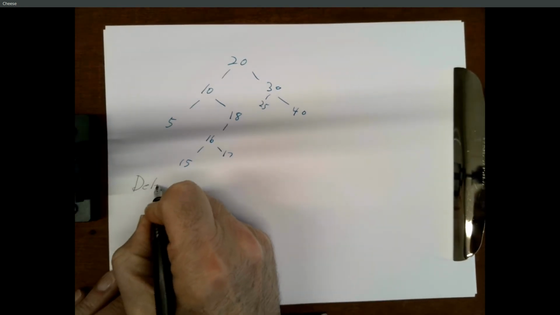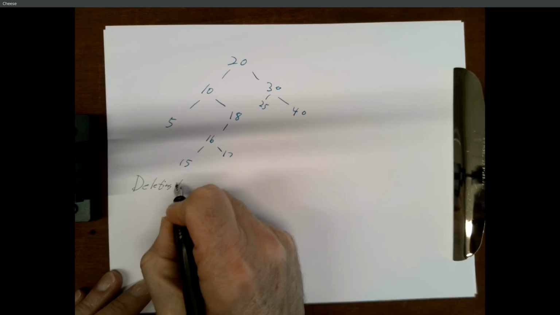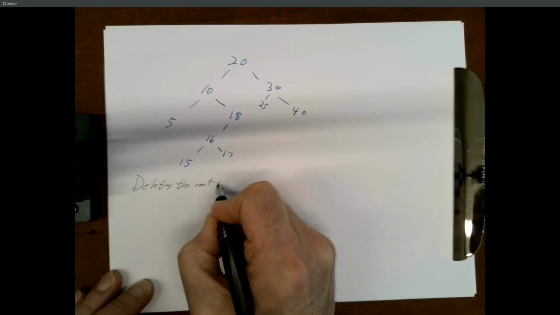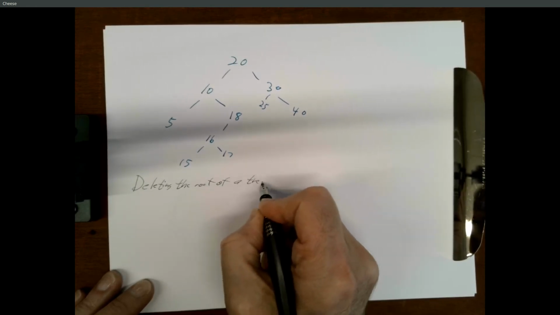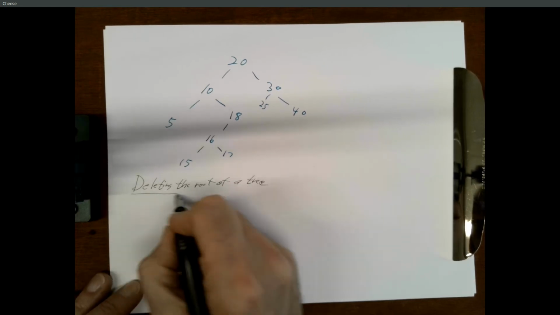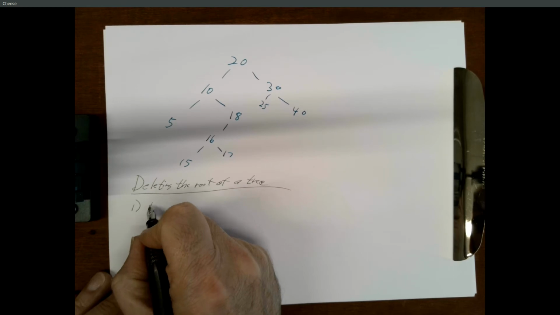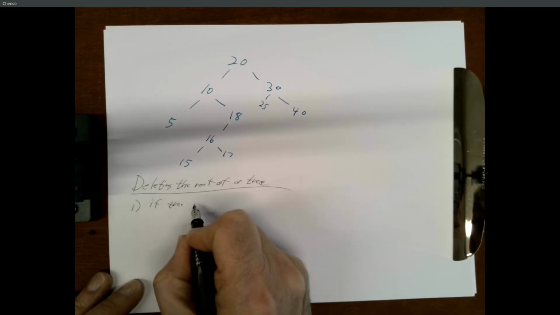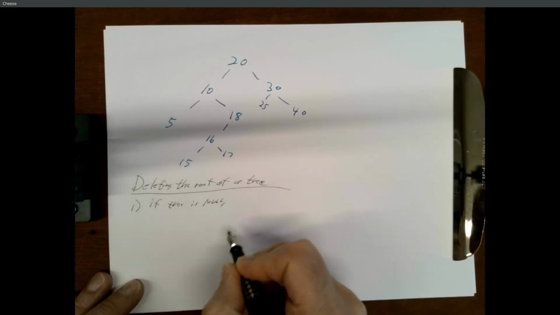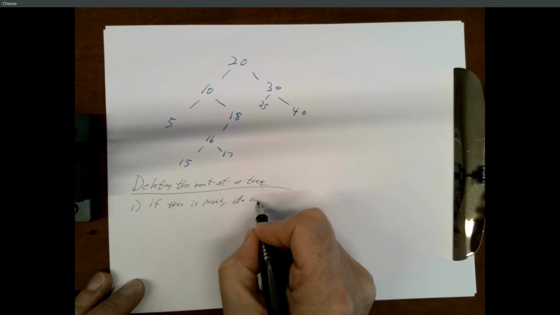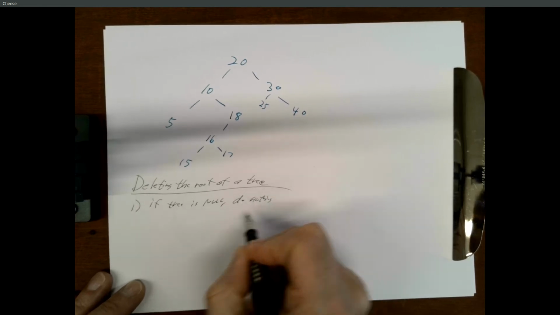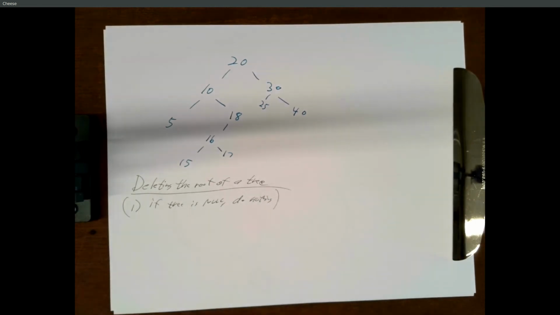All right, so deleting the root of a tree. I'll give you a couple of base cases. Base case 1: if tree is null, do nothing. But that should never happen. The delete algorithm we're going to talk about assumes that the thing you're trying to delete is somewhere in the tree.